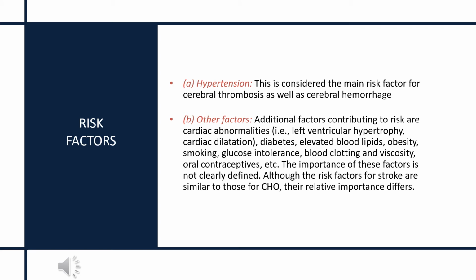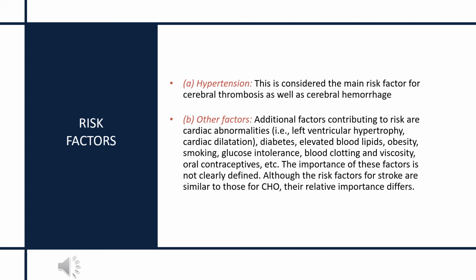So, what are the environmental or external risk factors that are responsible for stroke? These are also modifiable risk factors. The single most important risk factor for stroke is hypertension. And this is the main risk factor for thrombosis as well as cerebral hemorrhage.